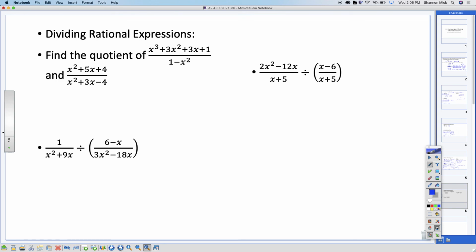So, what can I do right here? Anything in the numerator? No? Denominator? X? Yes? So x and then x plus 9. So now it's going to turn into a multiplication problem and I'm going to reciprocate, yes? So I'm going to move my numerator to the denominator.